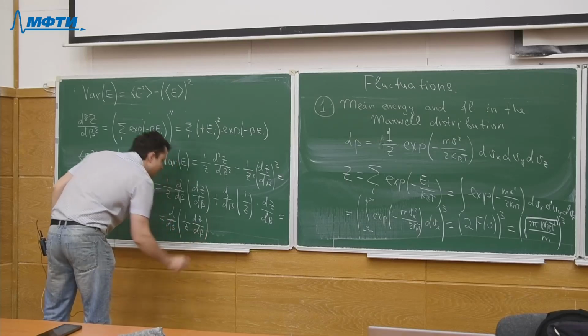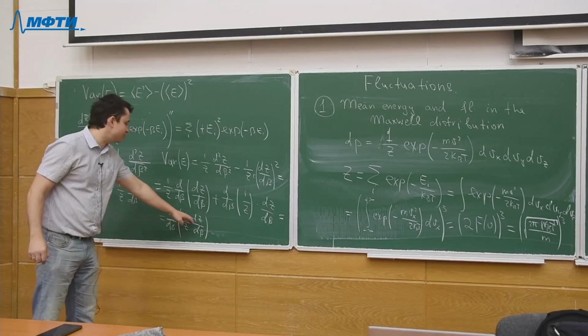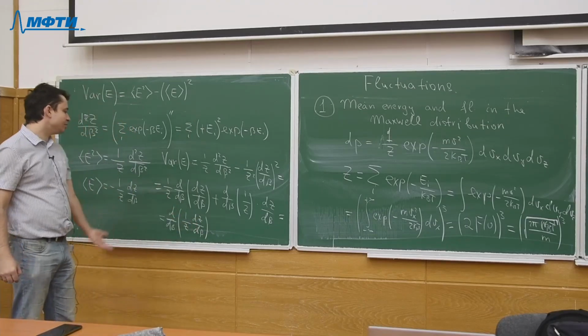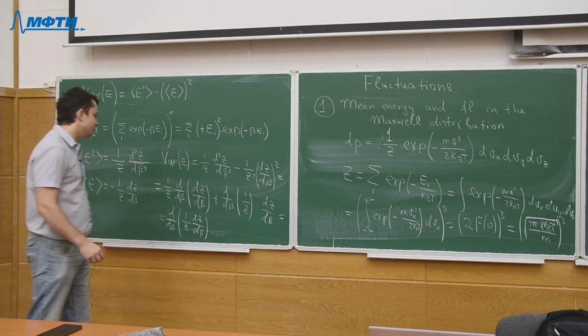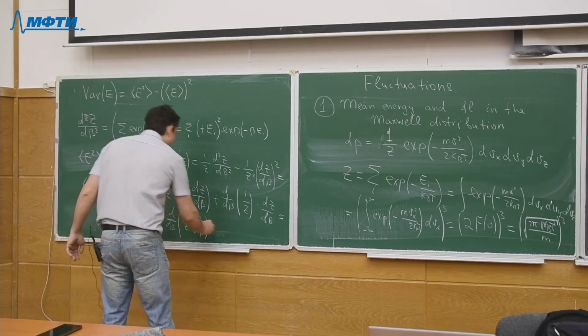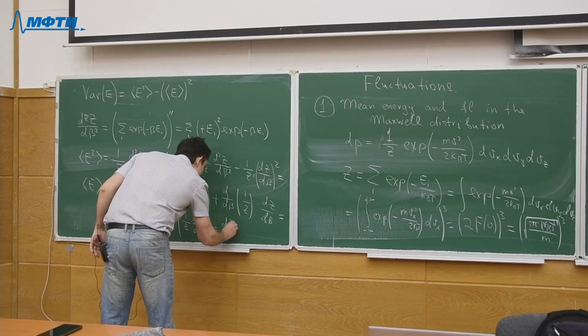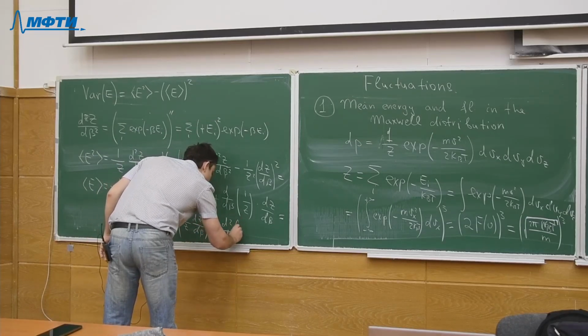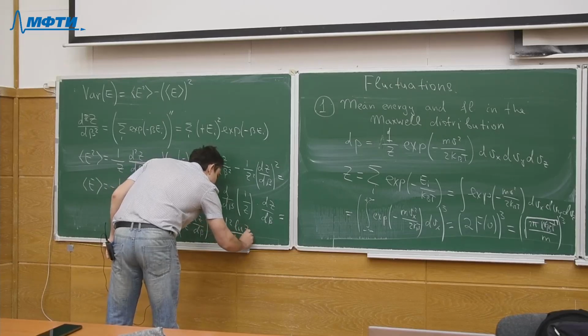And once I take into account that this is the derivative of the natural log of z over beta, what I have here is the second derivative of natural log of z over beta.